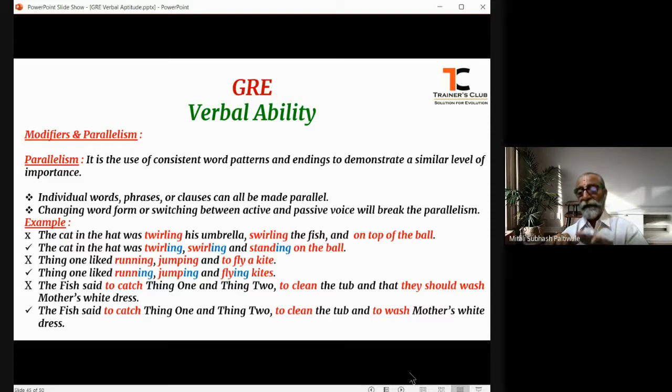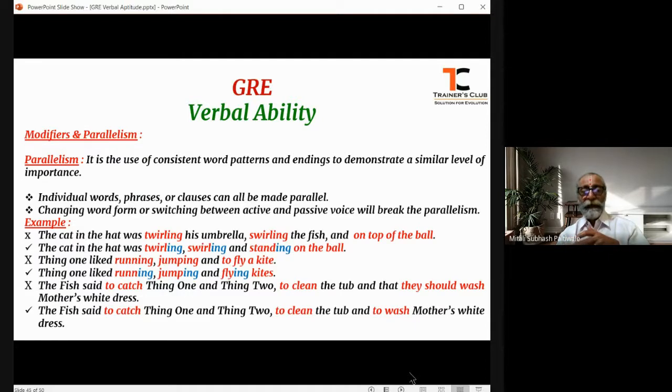When you give importance to multiple things, all those things should have the same level of importance. That is very important when we use parallelisms, right?